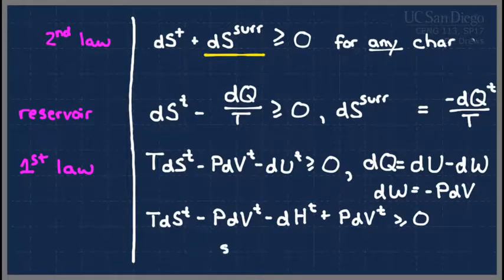The reason that we can get away with that, I'll just write this over here, is because you can write that the change in enthalpy is equal to the change in internal energy plus P dV at constant P.